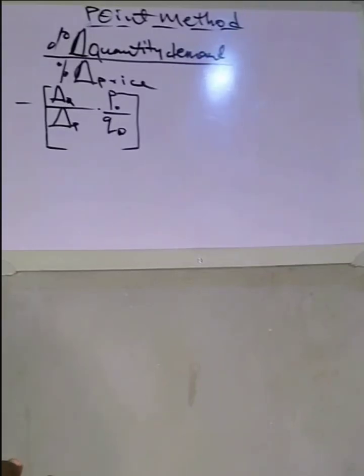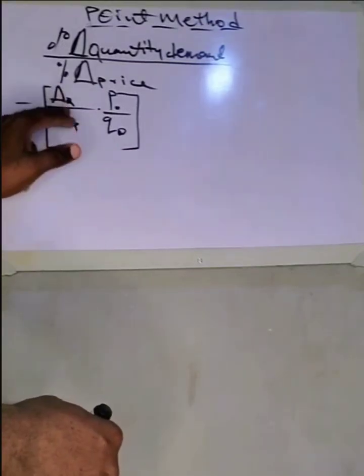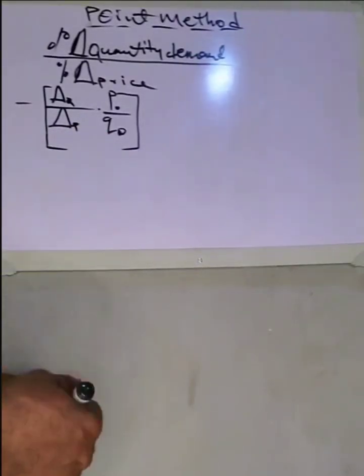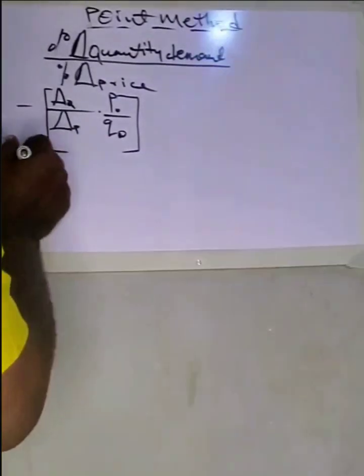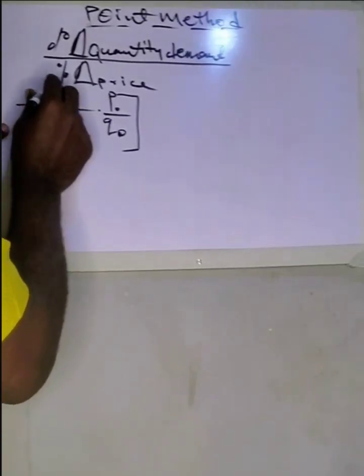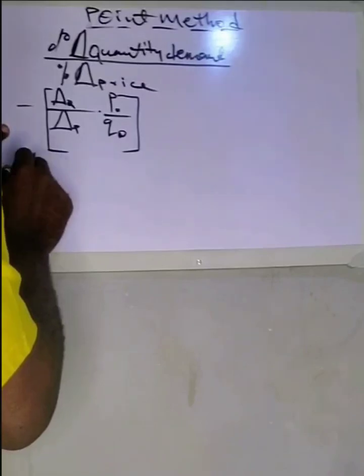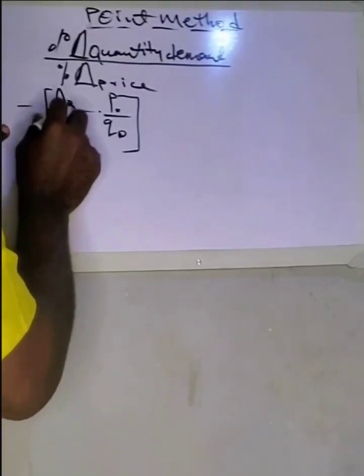Formula 2, the first step to do here is to find the change in quantity. How do we find change in quantity? You subtract old quantity from new quantity.